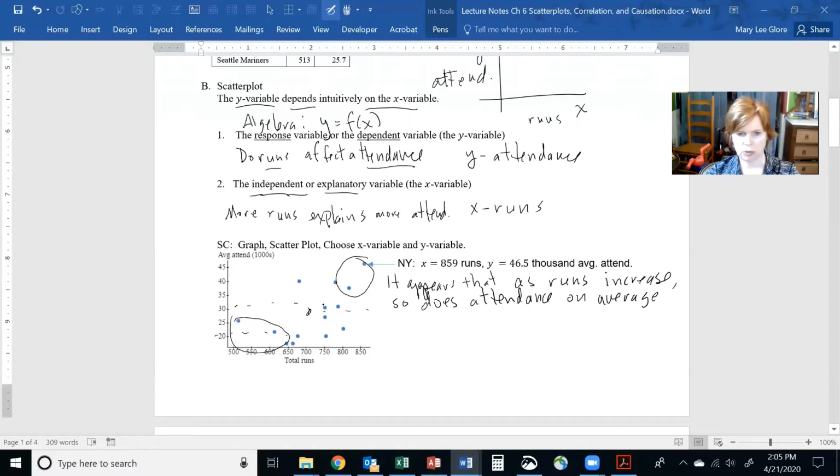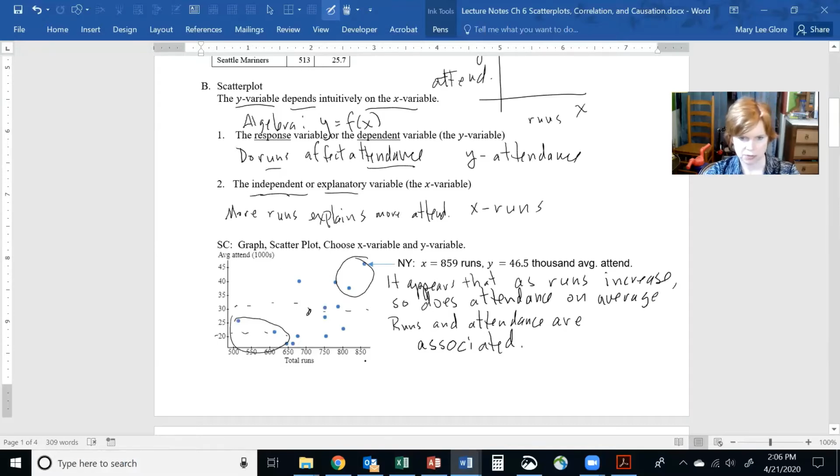And so whenever we see a pattern like that, where as X changes, Y changes in some way, we say that there is an association. So that's what we call it. We say that runs and attendance are associated. That just means there's some pattern.